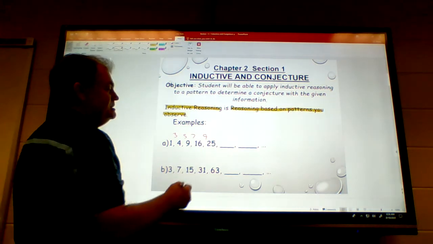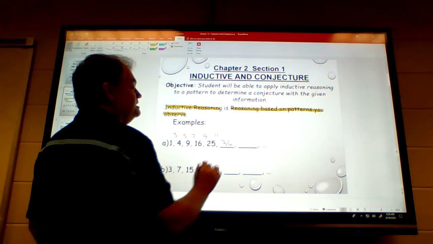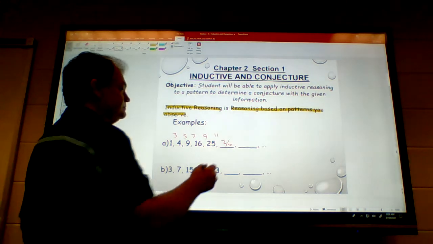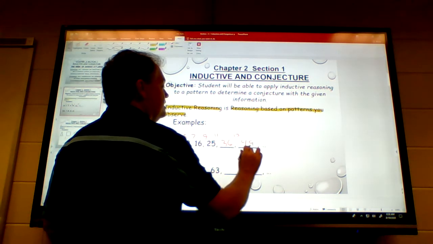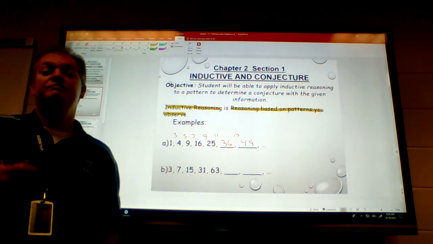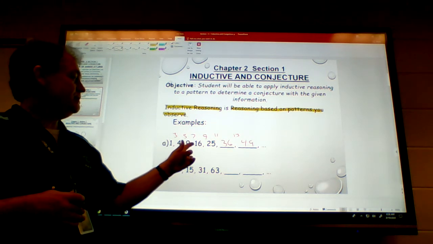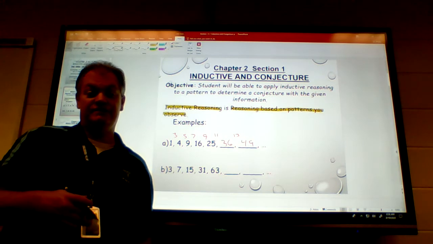So the next increase is going to be by 11, which should make the number 36. And then from there, it's going to increase by 13, which is going to make it 49. By the way, these are actually the perfect squares, because this is 1 squared, 2 squared, 3 squared, 4 squared, 5 squared, 6 squared, and even 7 squared.